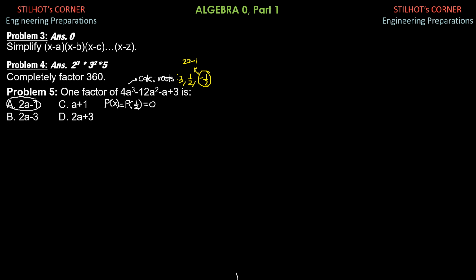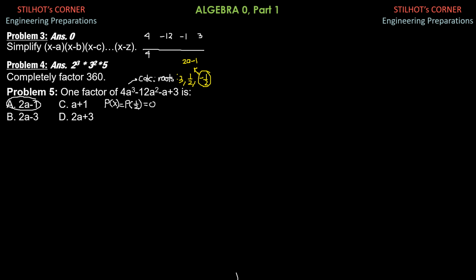Another technique is synthetic division, wherein we write the coefficients in descending order: 4, negative 12, negative 1, 3, and we bring down 4.